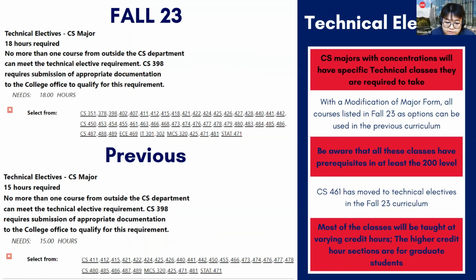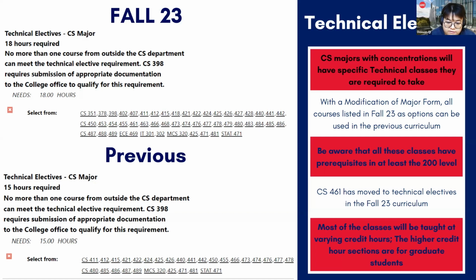Human-centered computing, software engineering, computer systems will have their specific required technical electives listed here. The 423 list is longer than the previous curriculum, but everything listed here are approved technical electives and can be used with a general student petition.